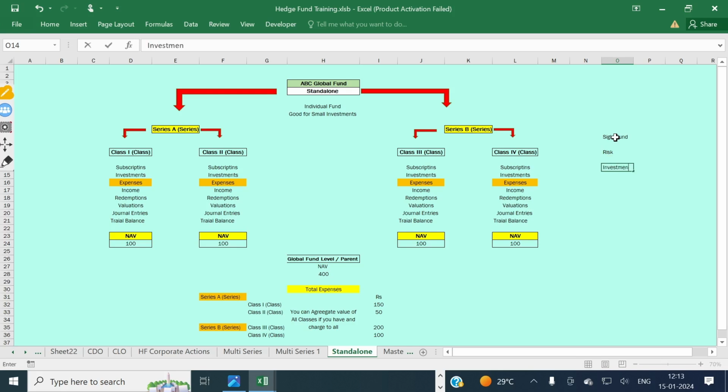investment type, then tax treatment, all right. Risk type, we have already covered. Risk, investment type, tax. Then again, whether it is international or domestic, that you can say onshore, offshore.